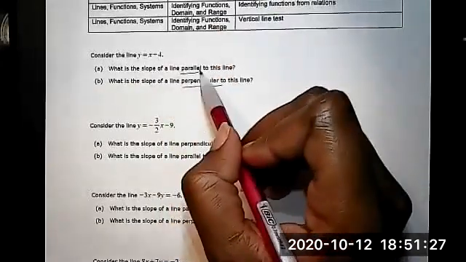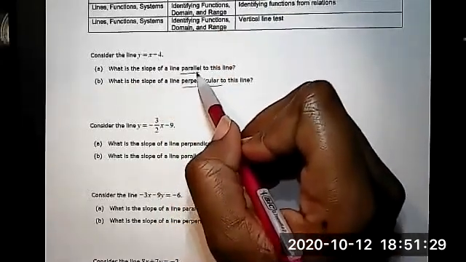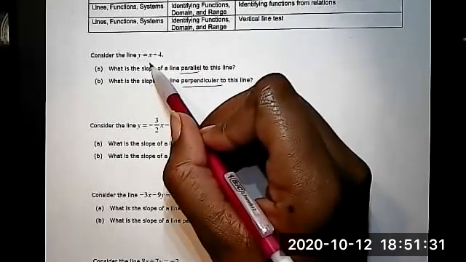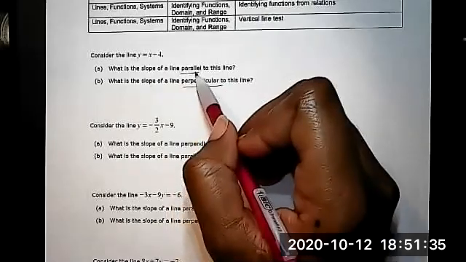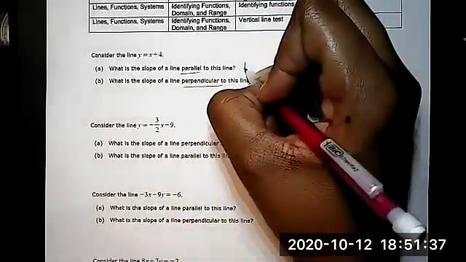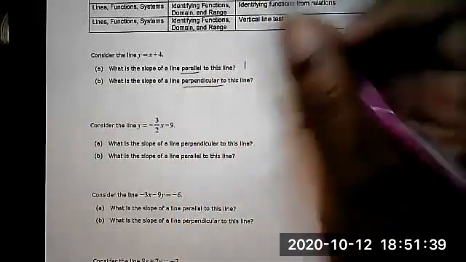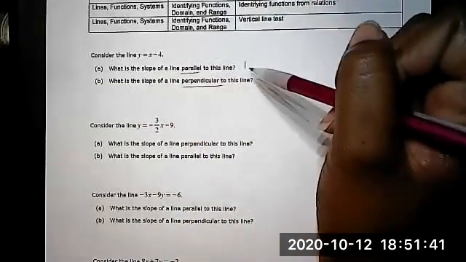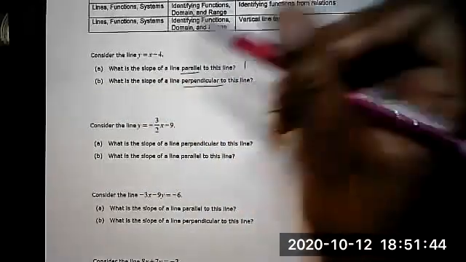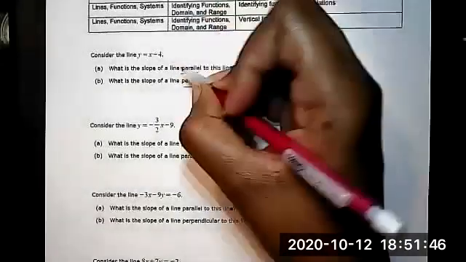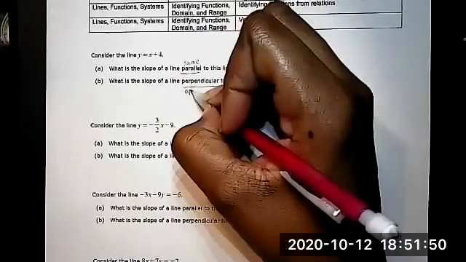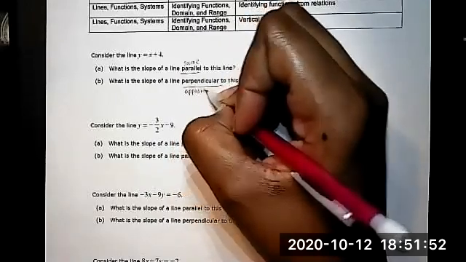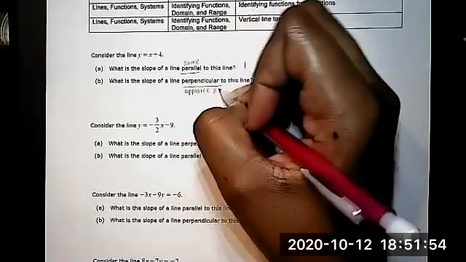So what is the slope of the line parallel to this line? If this slope is 1, because it has nothing there, so there's a 1 there, the parallel slope would also be 1. So parallel, same. And then for perpendicular, opposite and reciprocal.